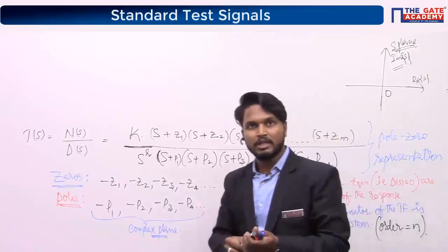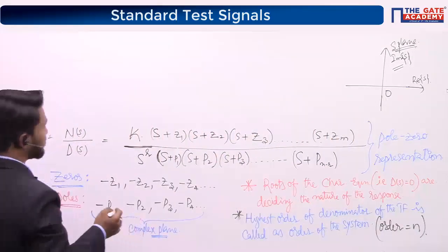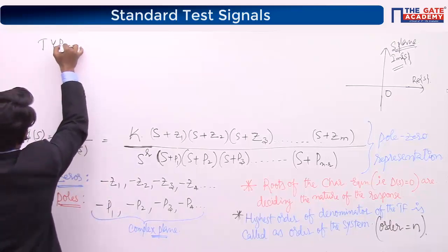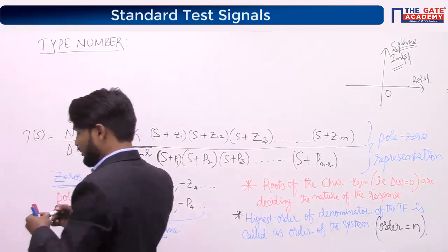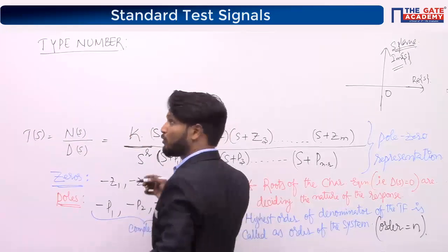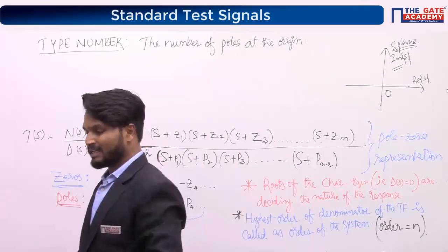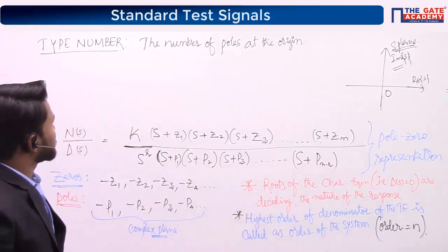Therefore the number of poles at the origin is called the type of the system. Please note down the type number of the system. Type number is defined as the number of poles at the origin.